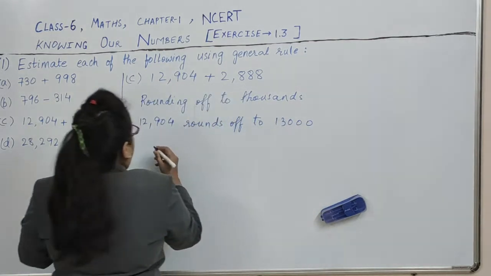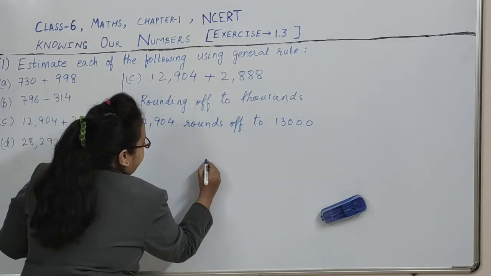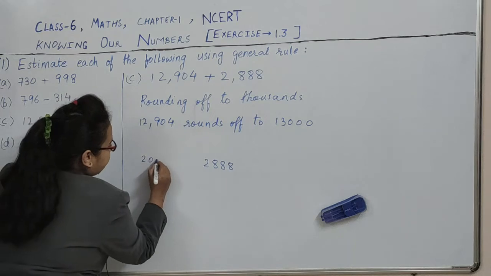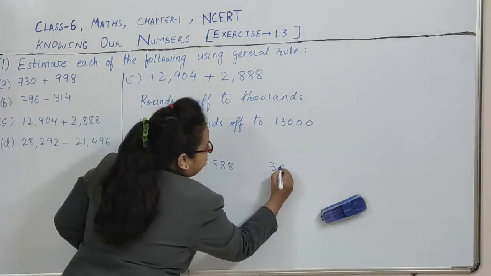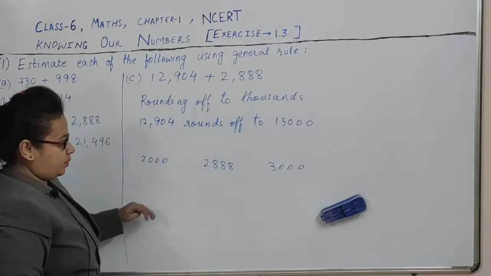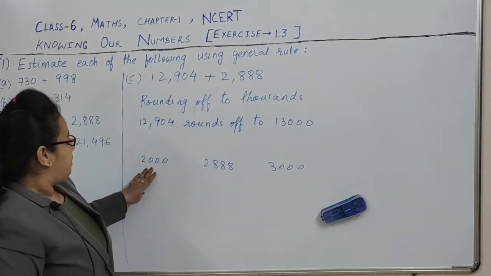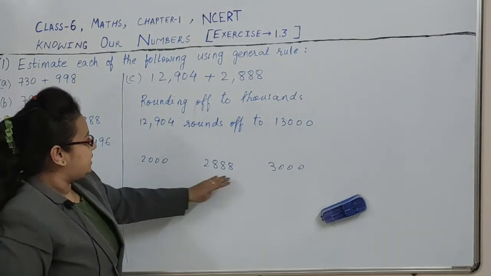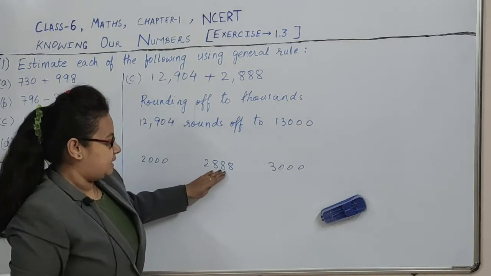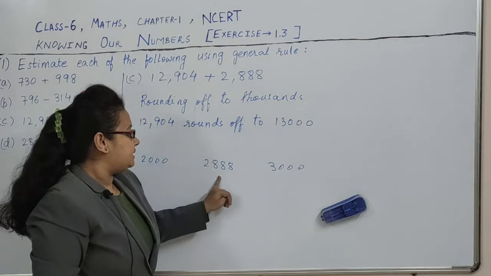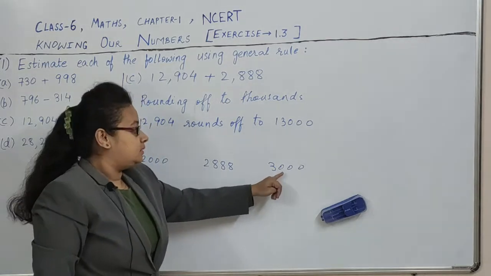And this 2,888 lies between 2,000 and 3,000, but it is closer to 3,000. See, this is 2,000 and this is 3,000. This number 2,888 is between these two numbers, but it is closer to 3,000.